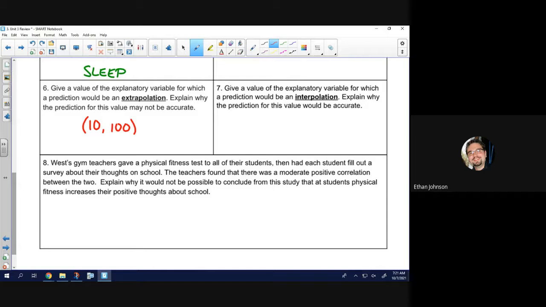Because the small part that we graphed might be linear, but the stuff before the 4 or after the 10 doesn't necessarily have to be linear. It could be exponential where it curves. It could change directions and become negative.